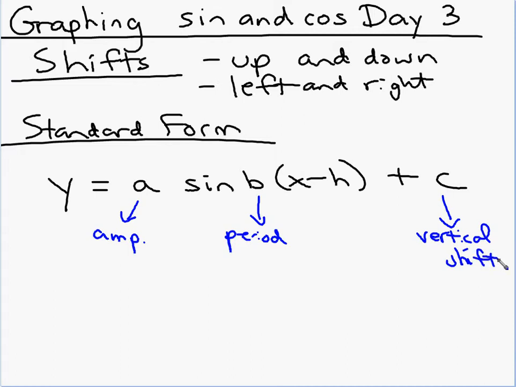And of course, h is going to be my shift left or right, my horizontal shift. So it's really not that big a surprise. The best way to learn this is to just go ahead and tackle one. So let's take a look at our first example.